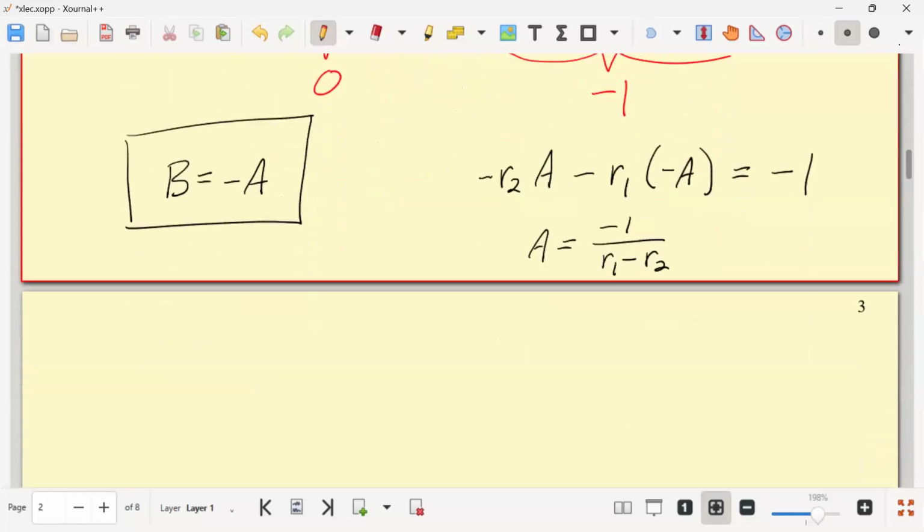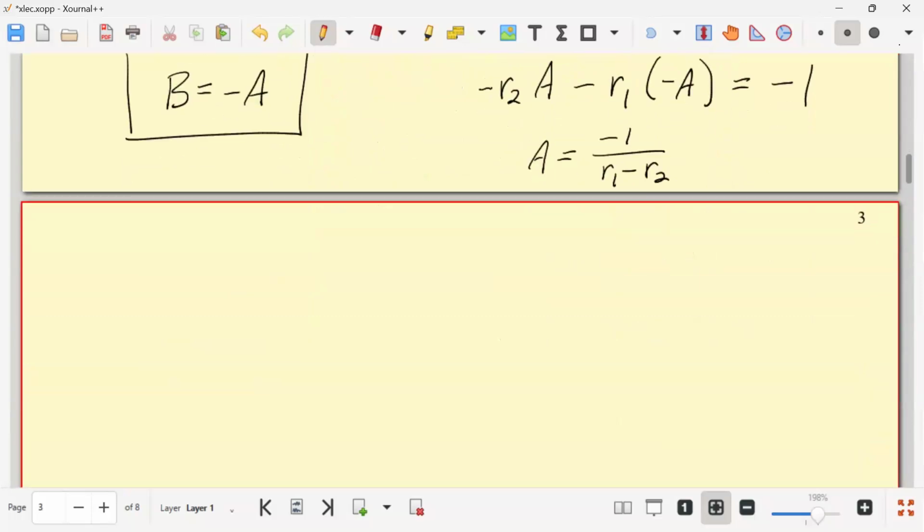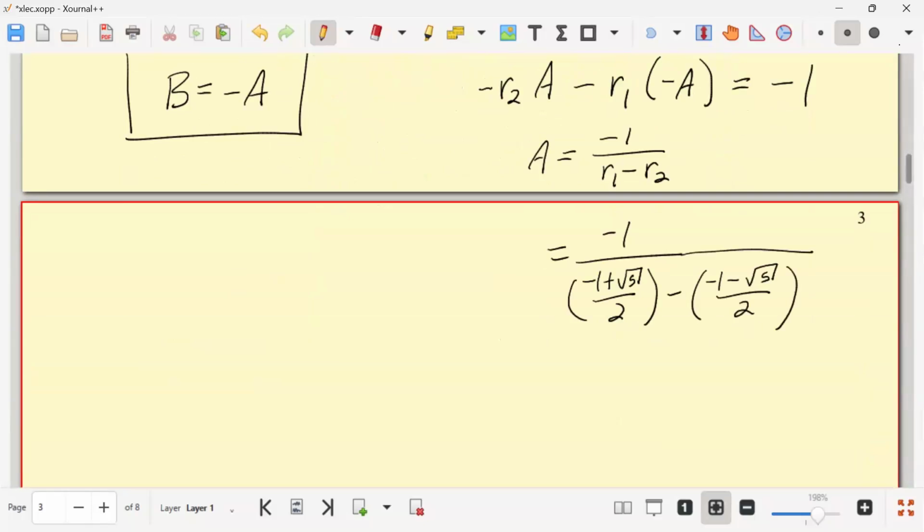Okay, let me continue messing around with that. That's equal to minus 1 over... Remember, r1 was (minus 1 plus the square root of 5) over 2 minus r2, which is (minus 1 minus the square root of 5) over 2. The 1/2s cancel, and I get a is equal to minus 1 over the square root of 5.